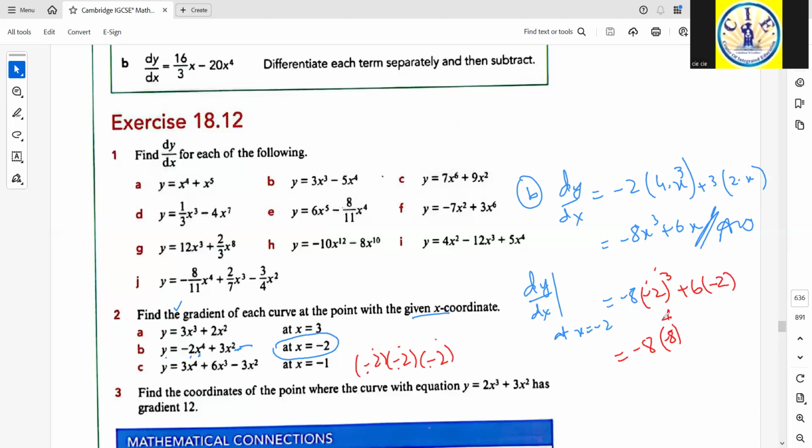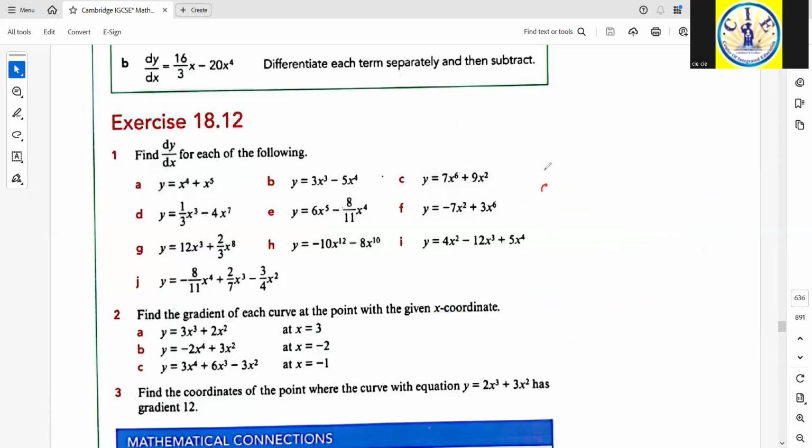So that's how I've written negative 8, and for this second term, this is going to be negative 12. So that is the real answer. 4 minus 2, that is 2. And then 5, 52. And that completes question number 2, part B.